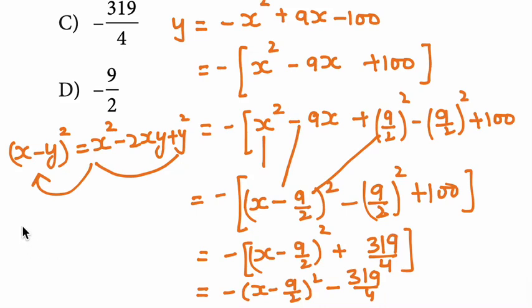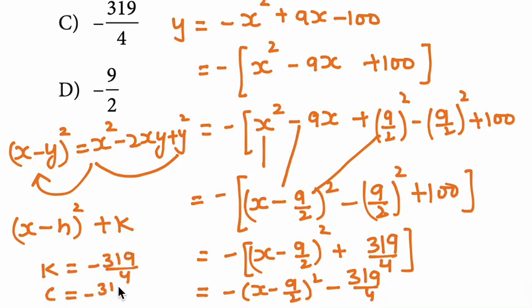If you compare it with the vertex form, which is x minus h whole squared plus k, this k is needed because y is equal to c is the line touching at exactly 1 point, and we have to find this. Here it is k. So k is negative 319 by 4, which in our question is c. So that is our answer, this option.